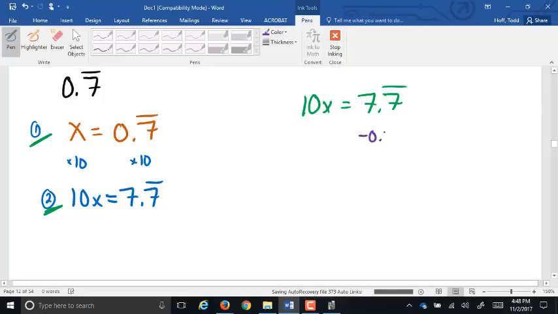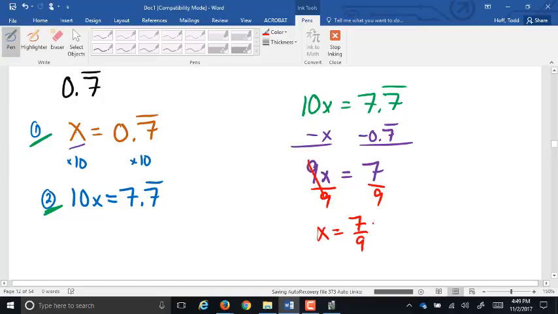So I'm going to subtract the 0.7 repeating on the right side, and I'll subtract the x on the other side. 10x minus x is 9x. 7.7 repeating minus 0.7 repeating is 7. So then I'm going to divide by 9 to get x by itself. x equals 7/9. Perfect.